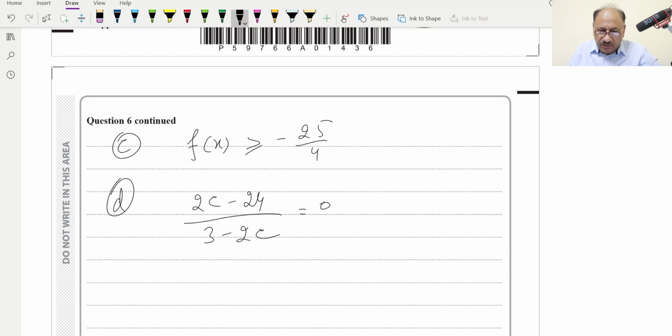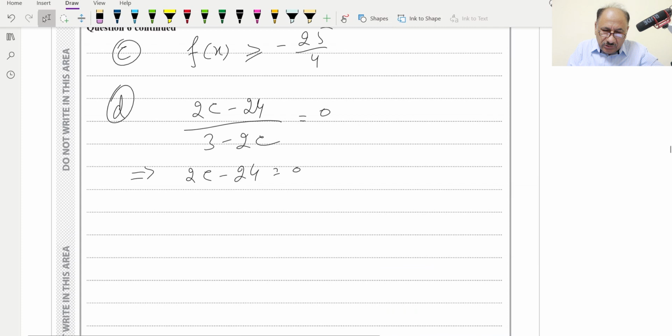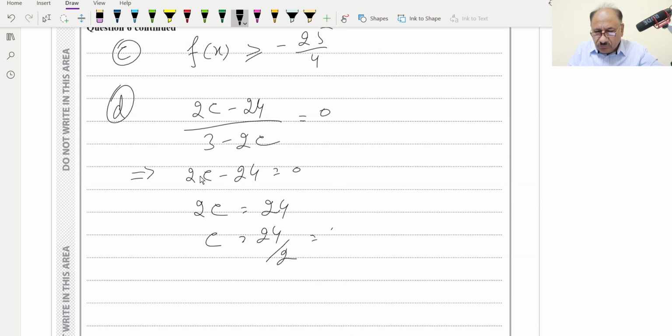So this implies 2c minus 24 is equal to 0, because the denominator cannot be equal to 0, or you can say cross multiply and you will get this. So 2c is equal to 24. So c is equal to 24 by 2, which is equal to 12.